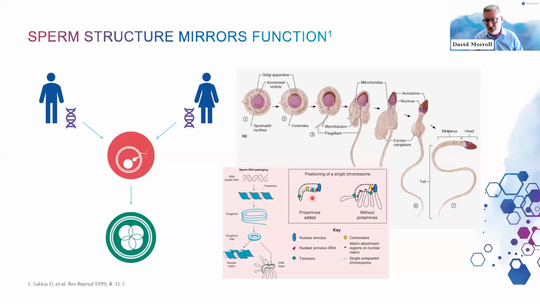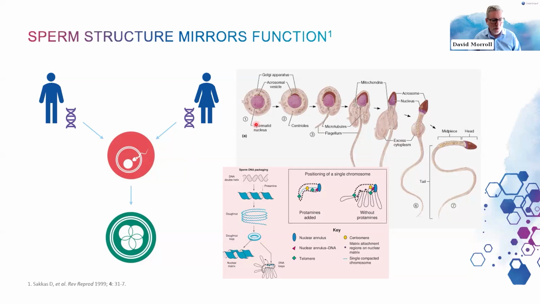We could start right at the beginning with the fact that the sperm is a unique cell in the male body, designed principally to deliver DNA from the male partner to the female partner with the intention to elicit fertilization and embryo development and ultimately a healthy pregnancy.